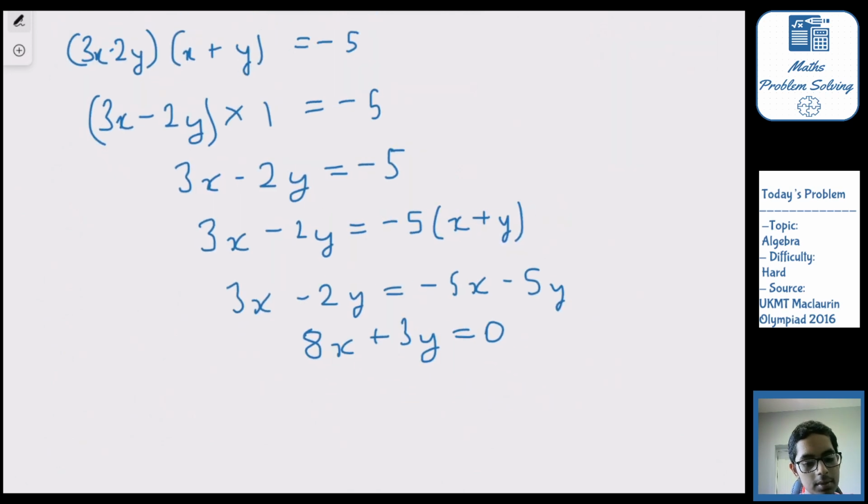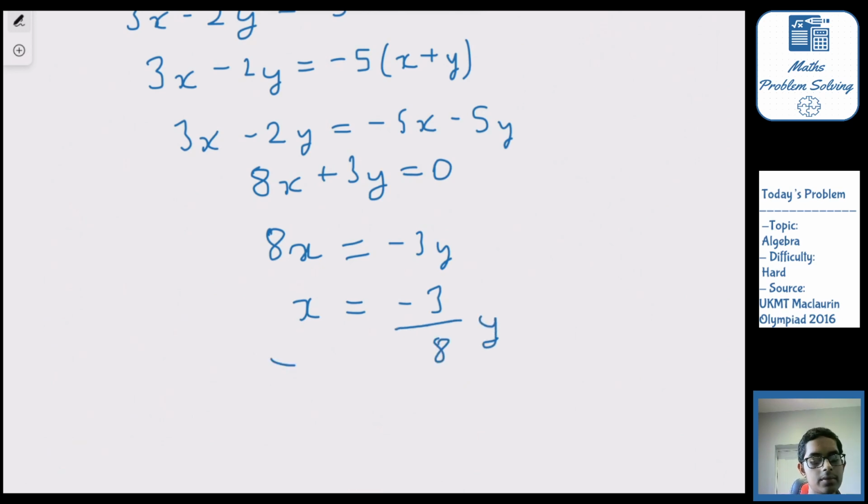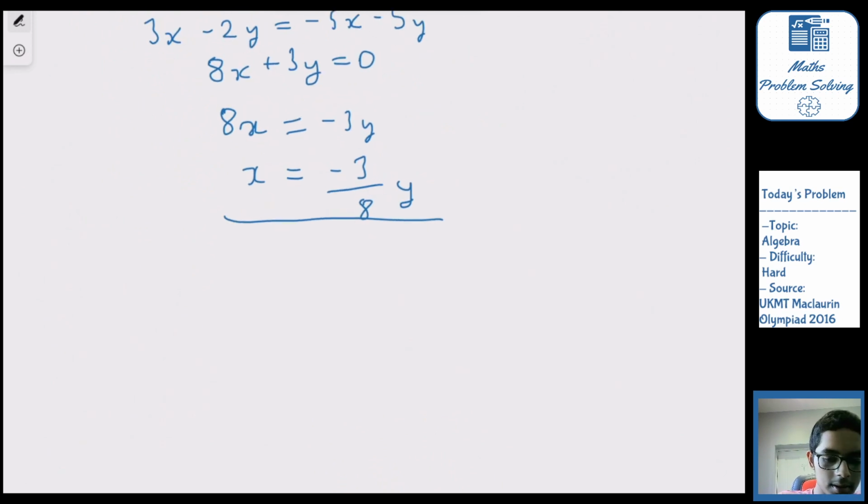So now through this we'll get x in terms of y. 8x equals minus 3y. Therefore x equals minus 3/8 y. And now we have an equation for x in terms of y, which was our goal. So now we know that we're taking the value of x plus y to equal plus 1. Therefore, let's write minus 3/8 of y plus y equals 1.